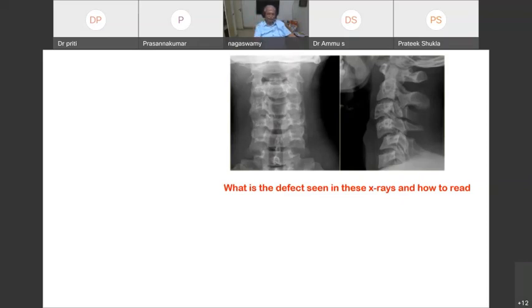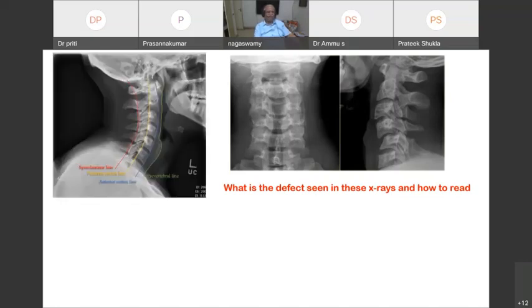At least answer that question. Neck X-ray, yeah, both the AP and the lateral. Can't you say that also?